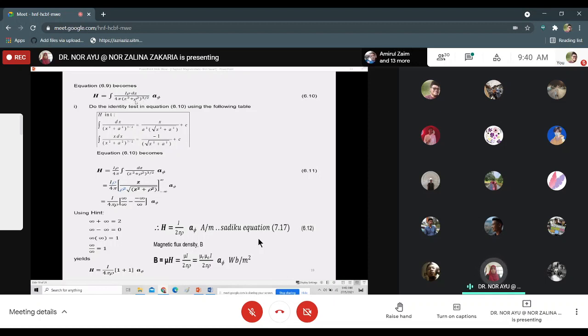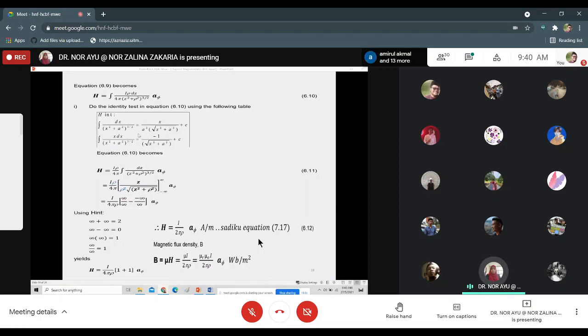So this is your magnitude r. Okay, so from here, kamu keluarkan semua yang kamu takkan integrate. So we will not integrate this I dengan rho. So kita keluarkan dia, just left with this dz over (z squared plus rho squared) to the 3/2. So this one yang kamu kena integrate.